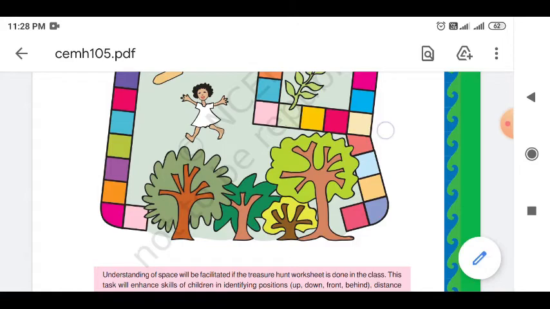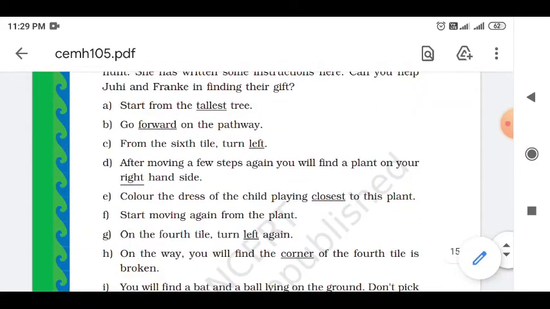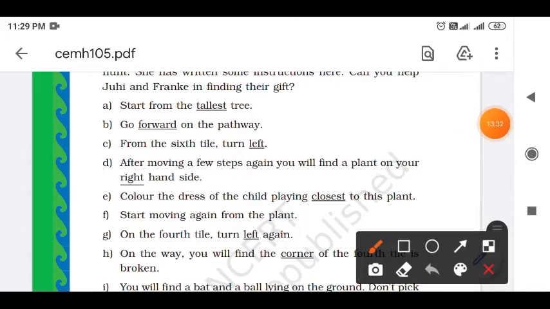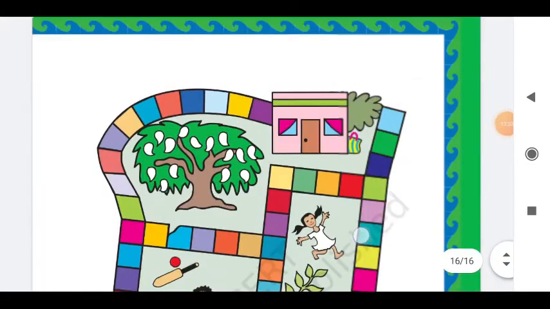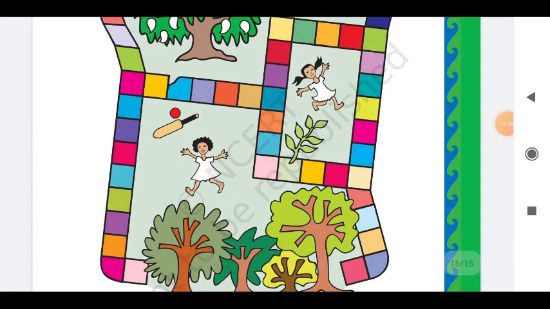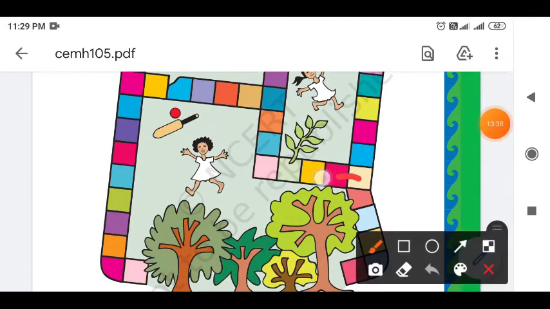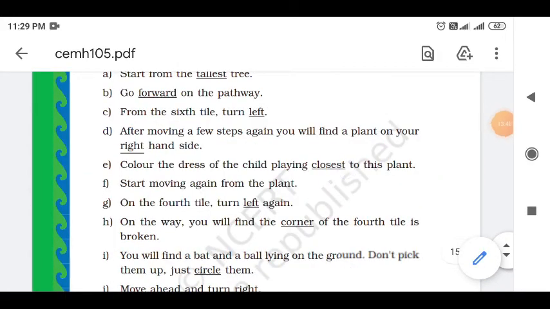Then what direction is given? After moving a few steps, again you will find a plant on your right-hand side. After the sixth tile, there is a plant on your right. Then you have to color the dress of the child playing closest to this plant.